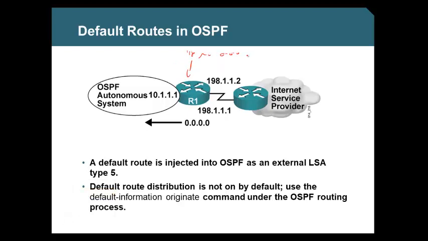After you write this, under OSPF you go and say default-information originate. When you say that, OSPF will advertise a default route to every router in all areas.